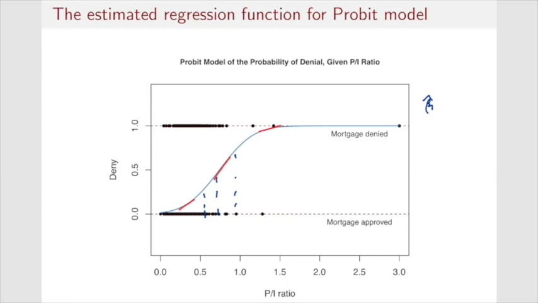Instead, with the probit model, we often care more about the fitted value, which gives us the estimated probability of Y equal to 1 conditional on X, and this fitted value can be obtained from this stretched S-shaped function, and it is always between 0 and 1.